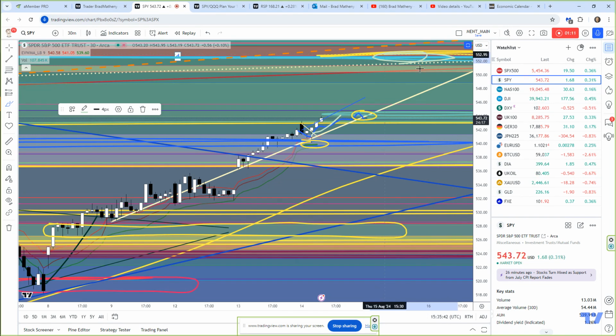That's the next big level of resistance. If we rally out of this mode, very likely we're going to see this thing push upward into this 552 to 555 area, probably with the 550 to 552 area being the initial real resistance area.